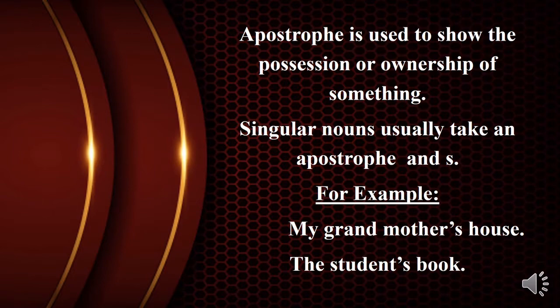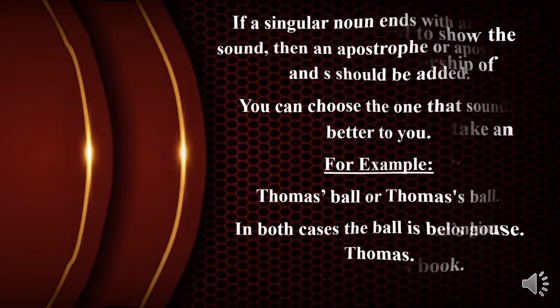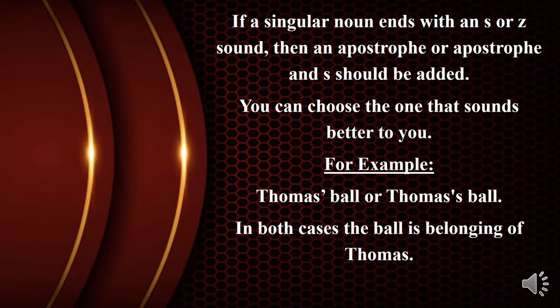Let's move forward. If a singular noun ends with an S or Z sound, then an apostrophe or apostrophe and S can be added, which means that if we are having a singular noun that ends with an S or Z sound, then we can use apostrophe or we can also use apostrophe and S. It is important to know that we can choose the one that sounds better to us. Observe the following example here, Thomas' ball or Thomas's ball.